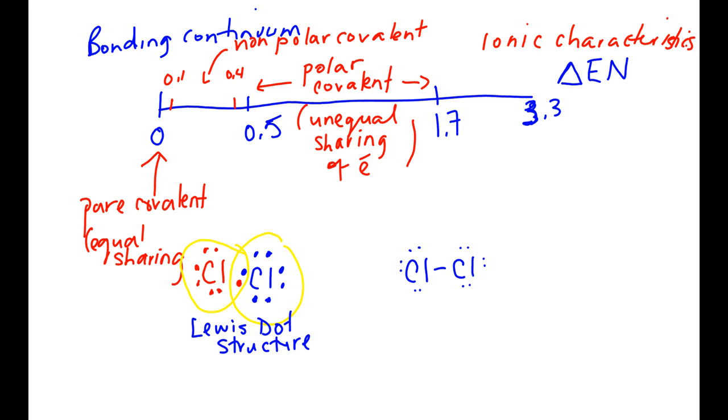If you've got 3 bonds and then a lone pair, don't split up that lone pair, put one on top, one on the bottom, right? If you get something like this, don't do that. Your electrons always want to be shown in pairs in your dot structures.